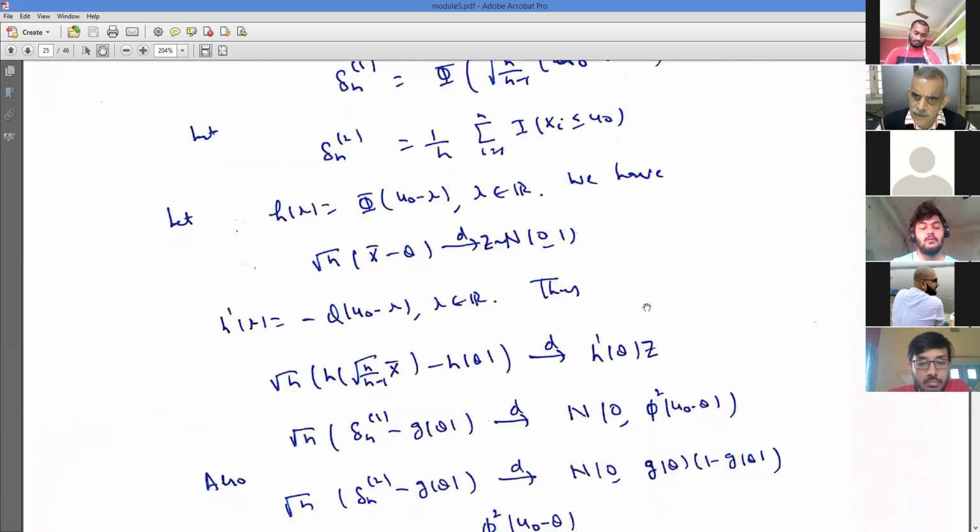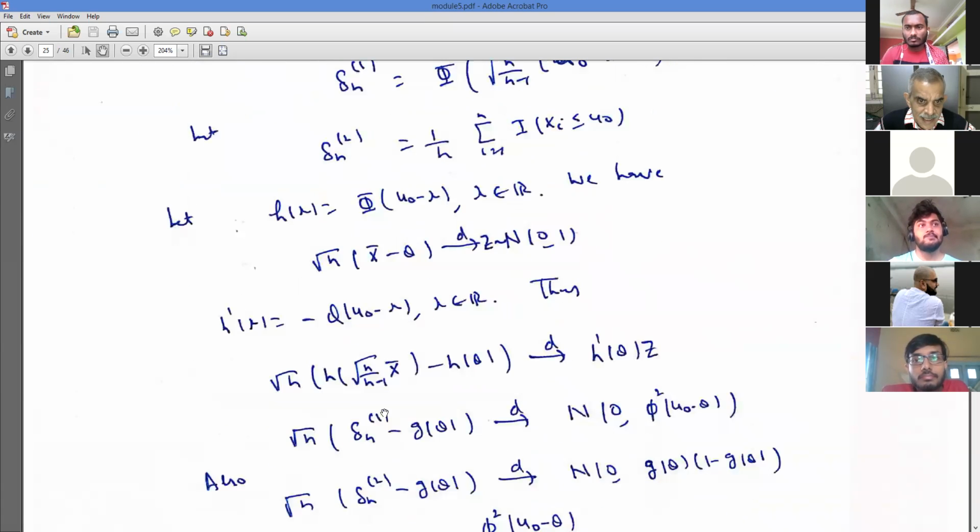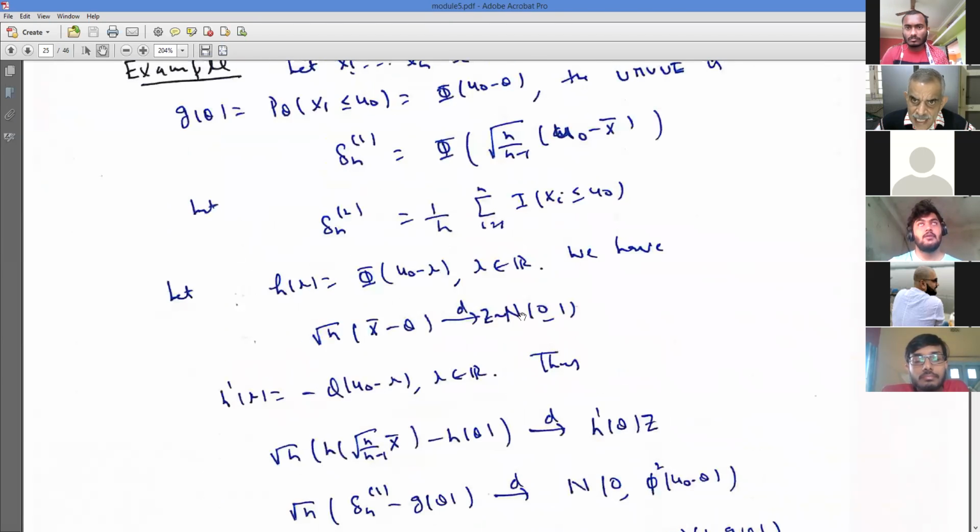If you do that again, you will get this thing only. I'm saying rather than applying this directly on U0 minus X bar, apply on T bar. Then what I know is root n T bar minus the mean of T bar, U0 minus theta, goes in distribution to normal 0, 1. Is that okay?